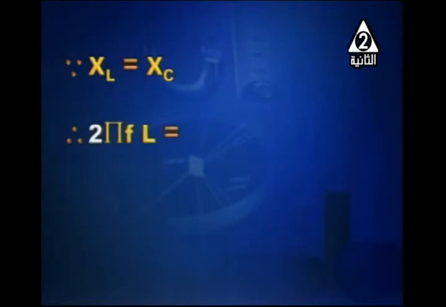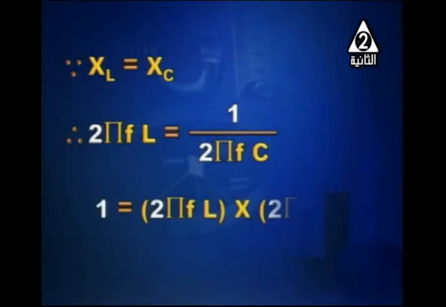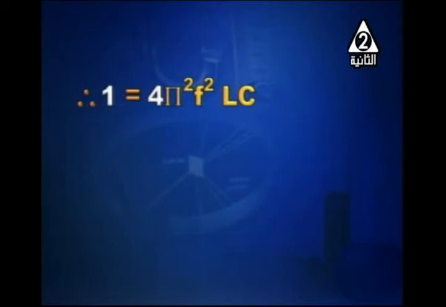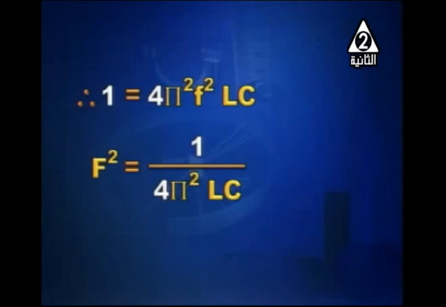So at resonance, XL is equal to XC, so we can say 2 pi FL is equal to 1 over 2 pi FC. So 1 equals the product of 2 pi FL times 2 pi FC. So 1 is equal to 4 pi squared F squared LC. So F squared is equal to 1 over 4 pi squared LC.